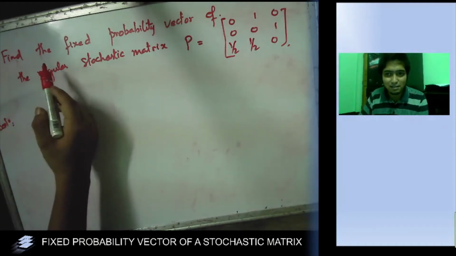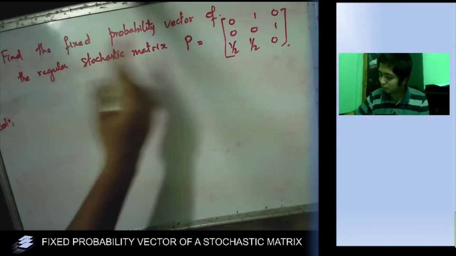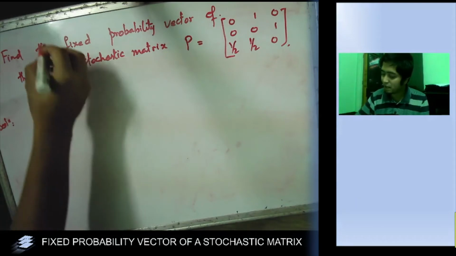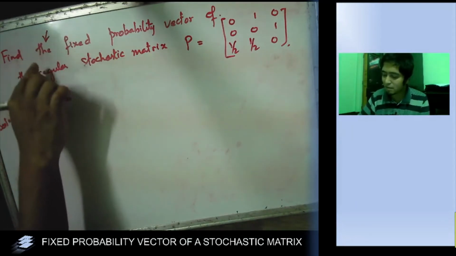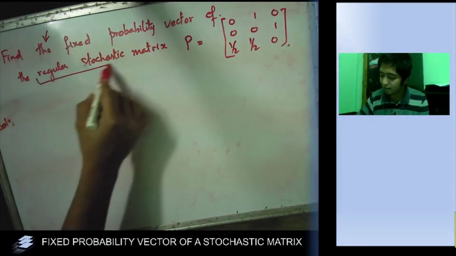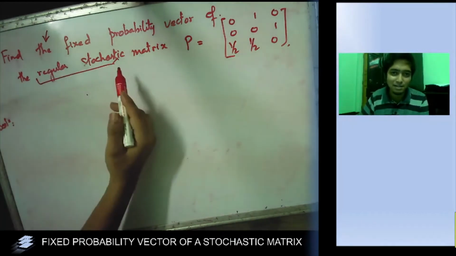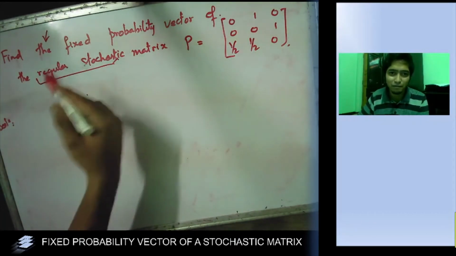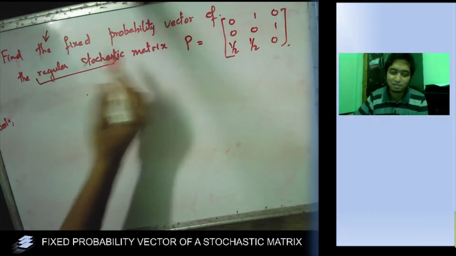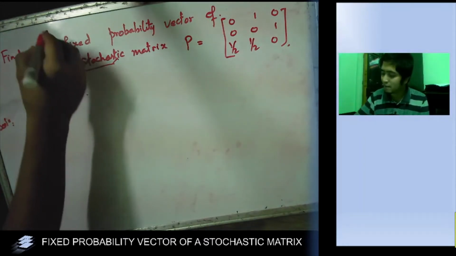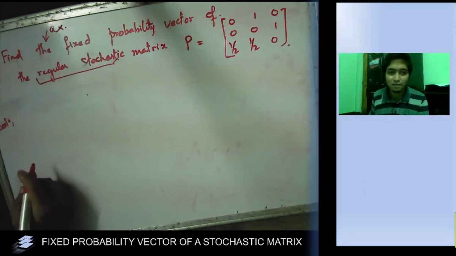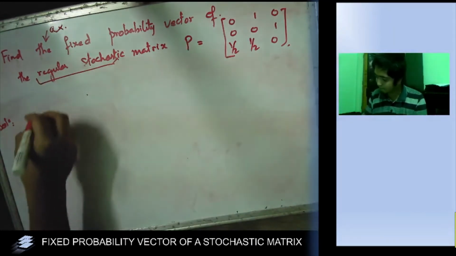Anyways, let us see what the question is saying. We need to find the fixed probability vector, and over here I am using the word "the", because you know that we had learned that for a regular stochastic matrix the fixed probability vector is unique. So let U be the fixed probability vector.